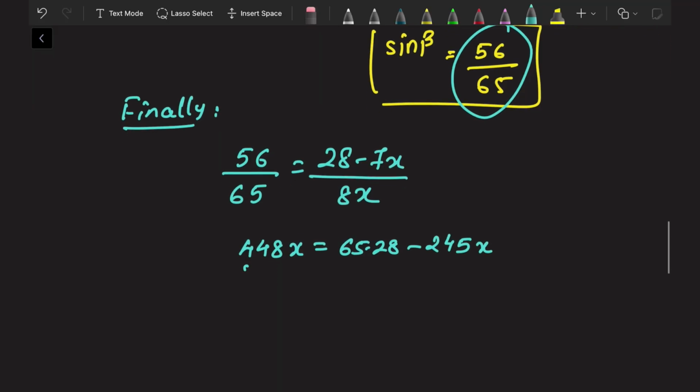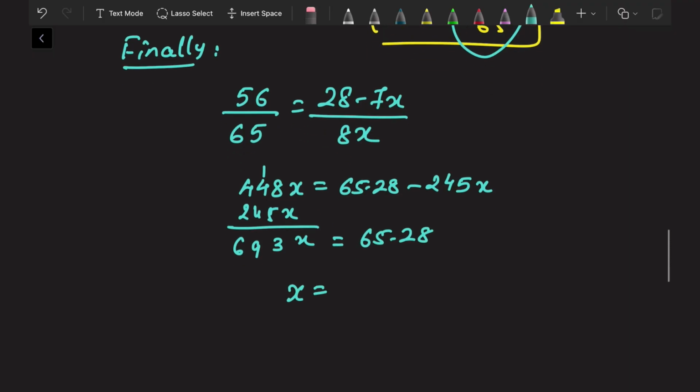Adding 245x over this side, we'll have x into 693x is equal to 65 into 28. So finally the value of x will turn out to be 65 into 28 upon 693.